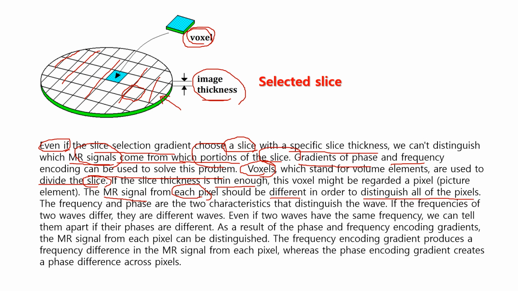The frequency and the phase are the two characteristics that distinguish a wave. We already mentioned this. We can distinguish waves by their frequency and phase.